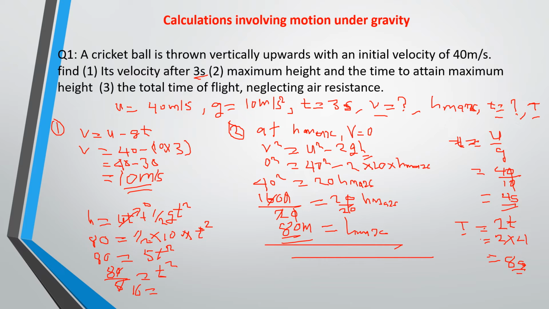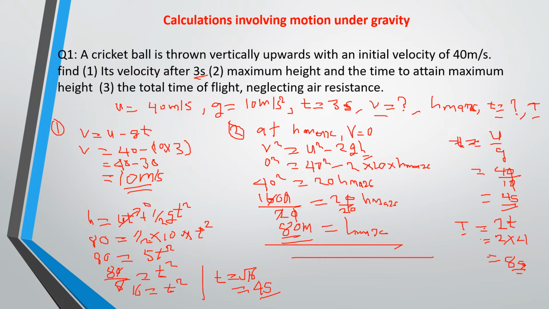So 16 is equal to t squared. Now you take the square root of both sides, so t equals square root of 16, which is 4 seconds. So now the time from maximum height to the ground is 4 seconds.